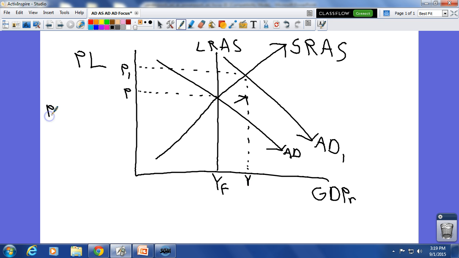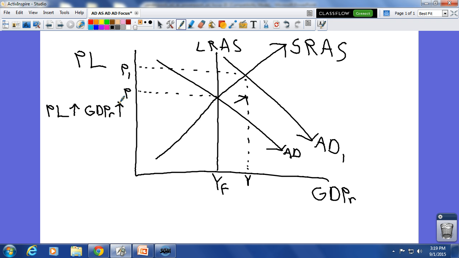Okay, so we know the price level went up. We could also tell that output went up from YF to Y. So GDPR is also going to go up.